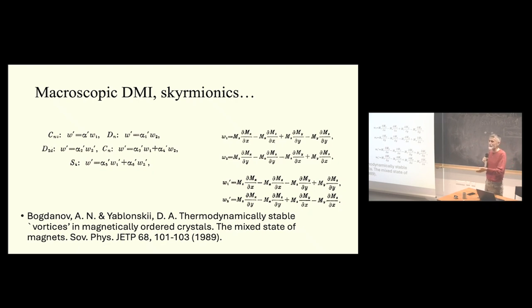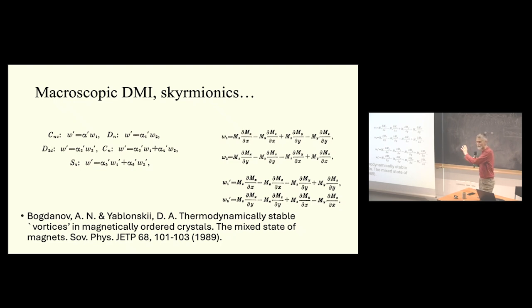So there are terms in the Landau-Ginzburg expansion for certain magnets, which are linear in the gradient and quadratic in magnetization. They are only allowed in certain symmetries, and in different symmetries they have different forms. And these terms, because they are quadratic in magnetization, are also allowed if you replace magnetization by polarization.